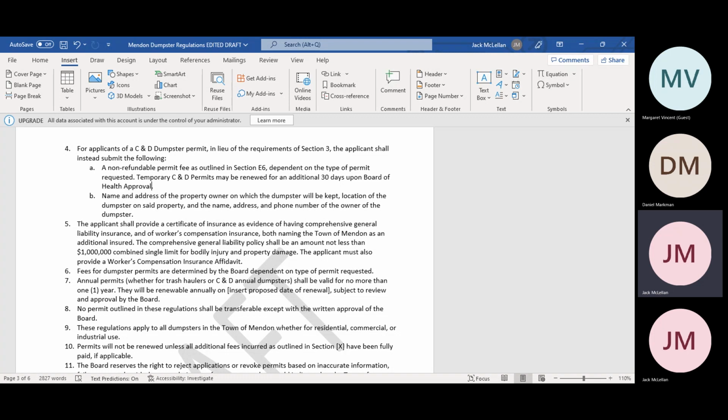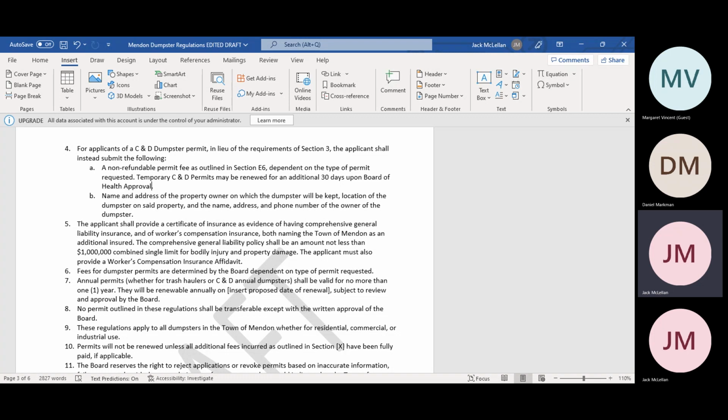Let's say someone's going to hire a 20-yard dumpster because they're going to do an extensive spring cleaning. Well, they would pay a fee and they would get a dumpster from a licensed hauler. And that should cover us if a neighbor calls us up and complains about that dumpster. Listing it here as a 60-day term with the ability to extend it for 30 days without an additional fee, I think is reasonable.